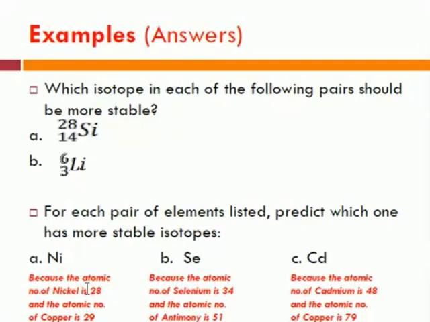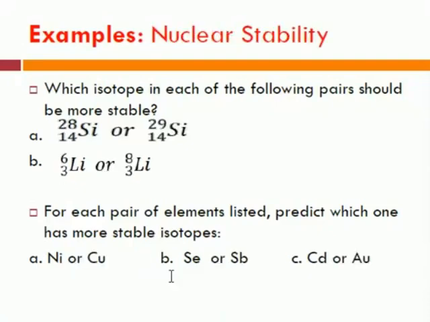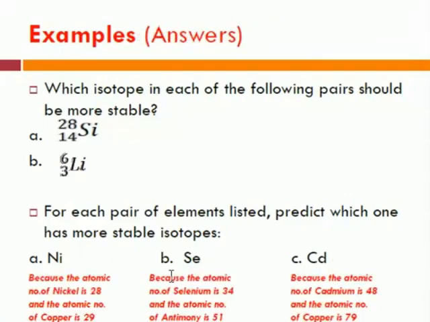For letter B, we have selenium and antimony. The atomic number of selenium is 34 and the atomic number of antimony is 51. The more stable is selenium because its atomic number is only 34.